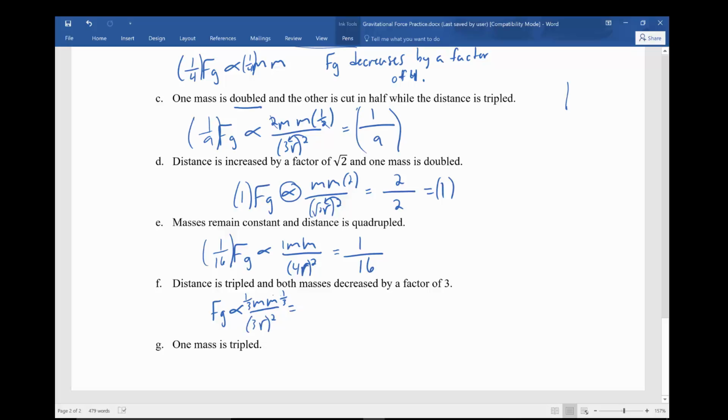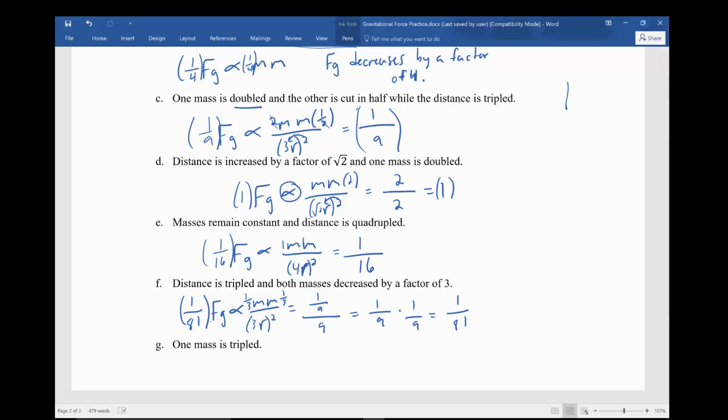So in the numerator, I have 1/3 times 1/3, we just have 1 over 9, divided by 3 squared, which is 9. This is just the same thing as saying 1 over 9 times 1 over 9. So this is just 1 over 81. So by doing this, the gravitational force changes by a factor of 1 over 81.